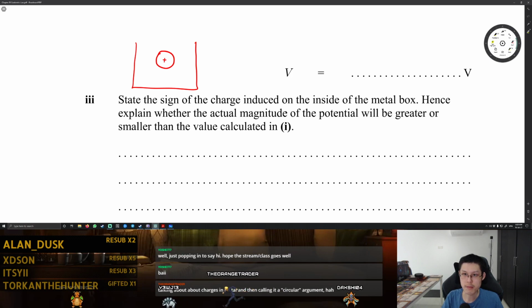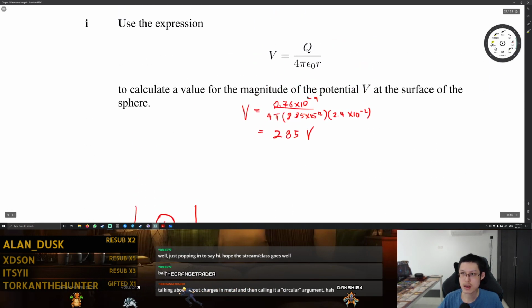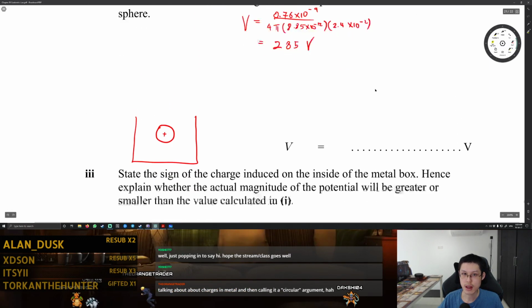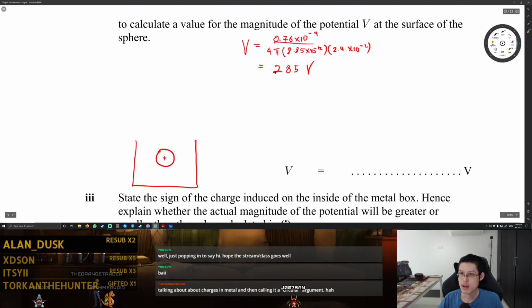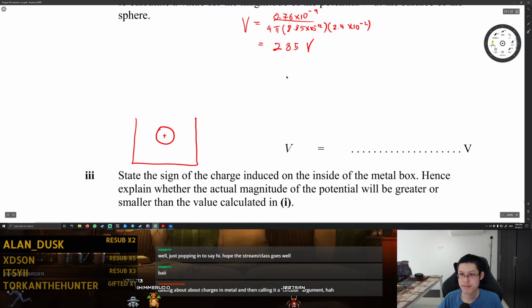So the magnitude that we calculated earlier is the potential at the surface of the sphere. Okay, so is the actual magnitude of the potential going to be higher or lower than 285? What do you think? And why?